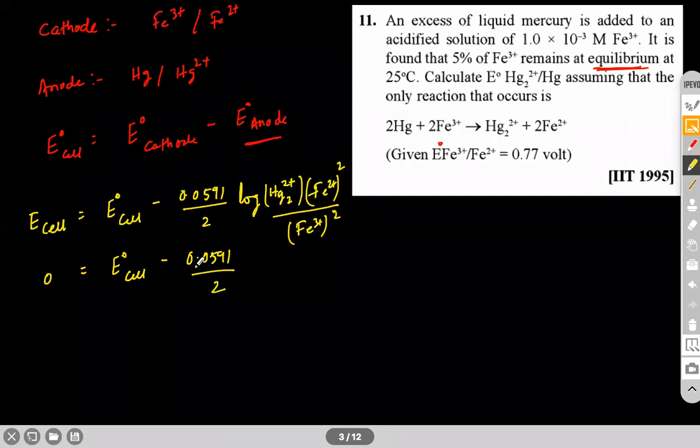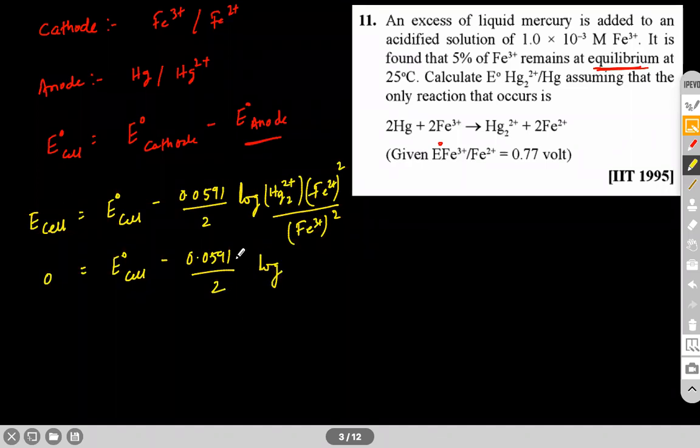We'll substitute the value of this. Log the concentration of Fe2 plus to Fe3 plus. So you see this thing we'll use over here.